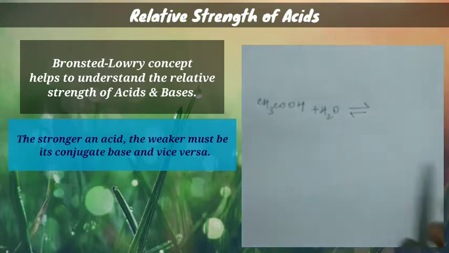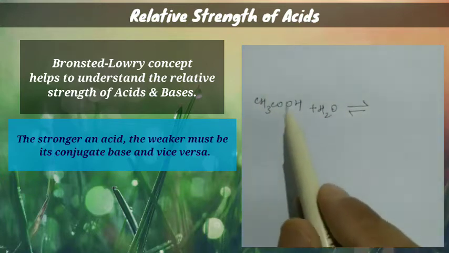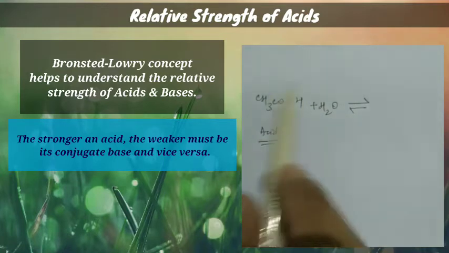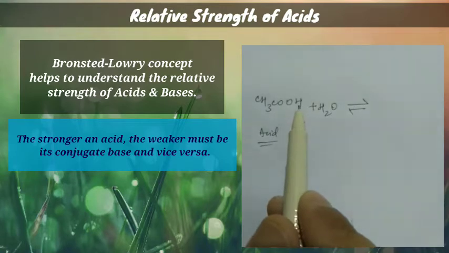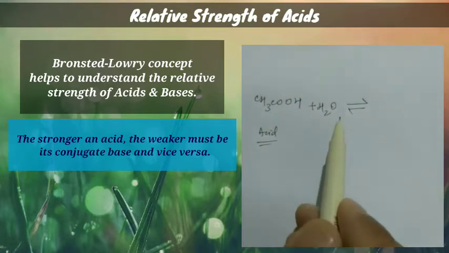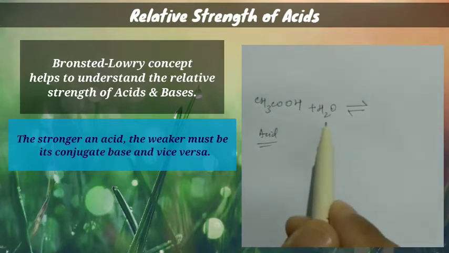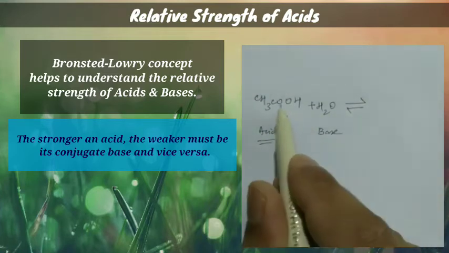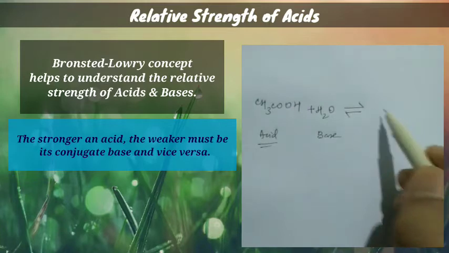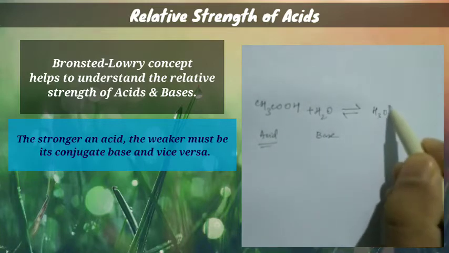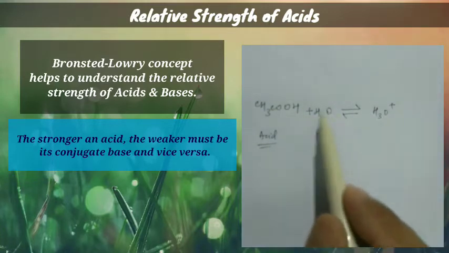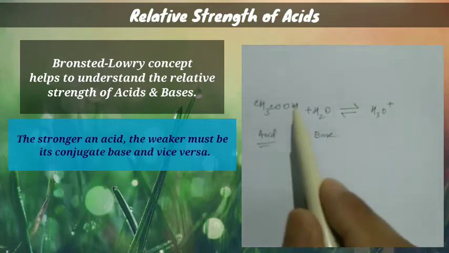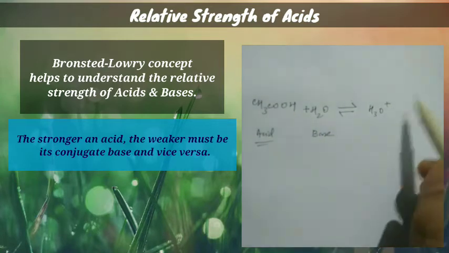Because this is an acid, it can donate an H positive ion, and that H positive ion will be accepted by the solvent, water. So water will act as a base, because it accepts that H positive ion. This water becomes H3O positive by accepting this H positive ion, clear.